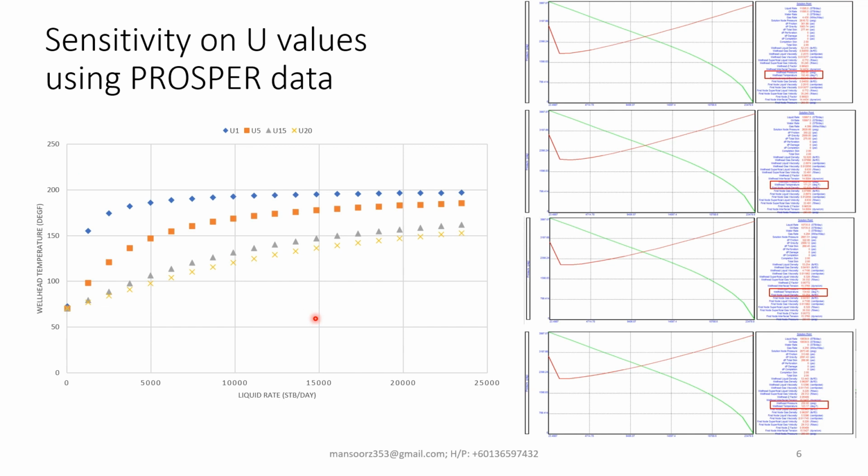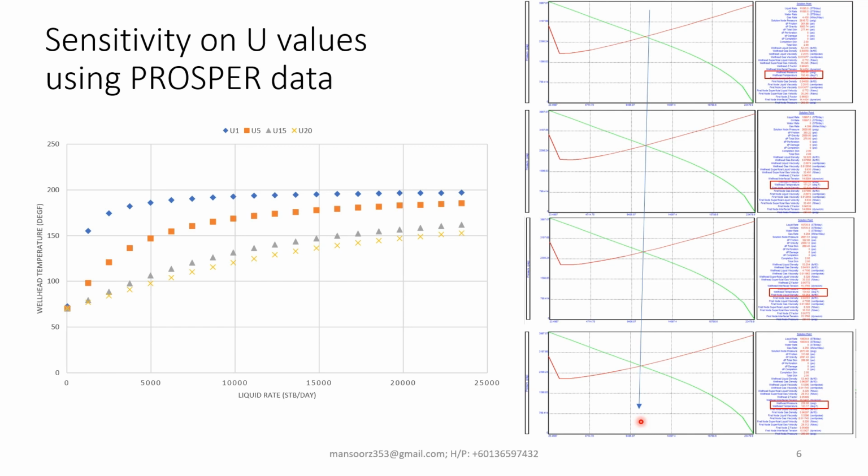All of these results were evaluated and performed in Prosper. And as you can see here, the solution node with increasing the U value will be decreased. That means that the liquid rate will be decreased with increasing the U value.